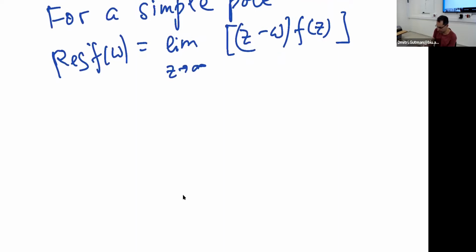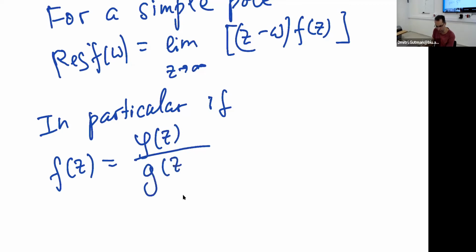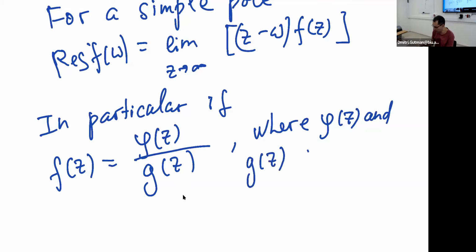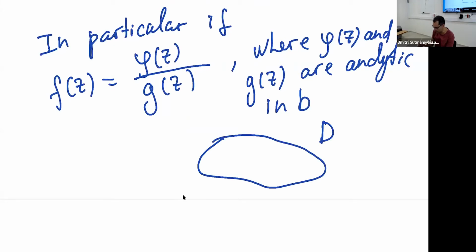Okay, in particular, let's play with it a little bit. In particular, if function f of z can be represented as a fraction of two analytic functions, phi of z and g of z, which are both analytic in D. So there's some domain D in the complex plane.